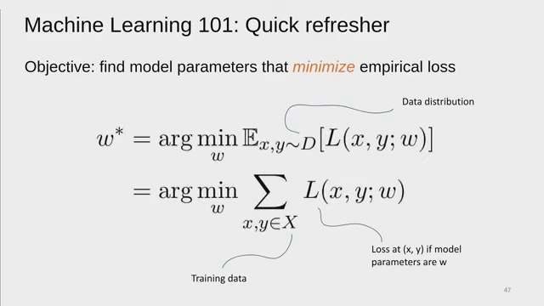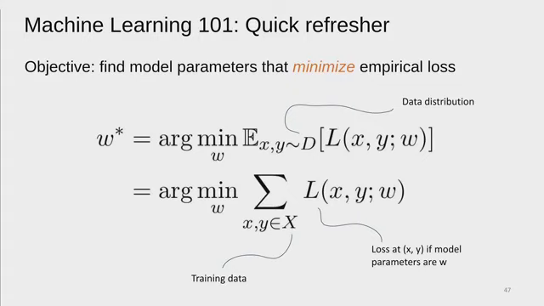Quick refresher. The idea is to find the model parameters that minimize the empirical loss. So there's the data distribution for the set of example images that we have in our training data set; minimize the loss and minimize the error in classification. So we've got this labeled data set of images. We're training on all these images.